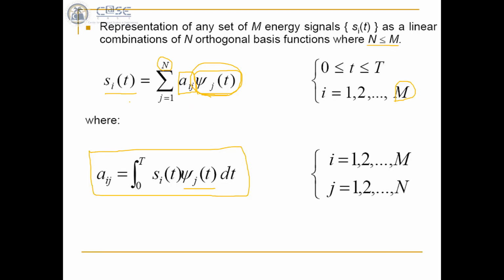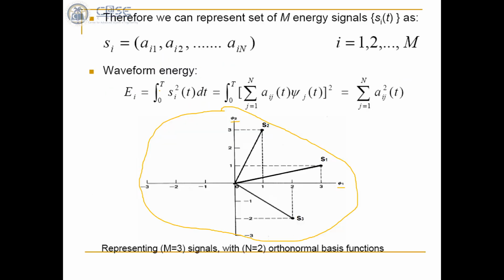We just substituted this term si of t in that equation to calculate this term. Right, so it all boils down to the contributions. The total energy will be equivalent to the sum of the individual contributions. The formula states that the total energy of the ith signal will be equivalent to the sum of the contributions that it had using the n basis functions, right?